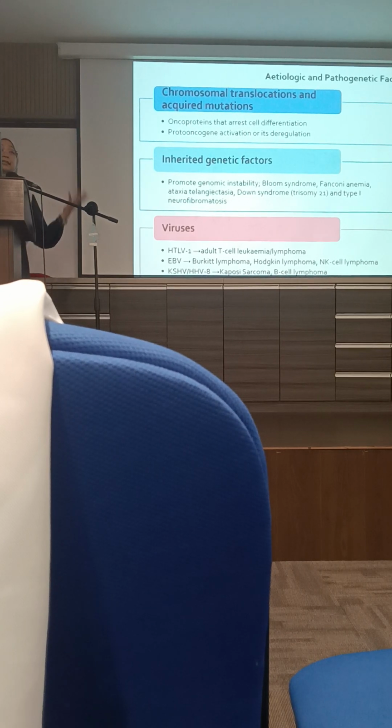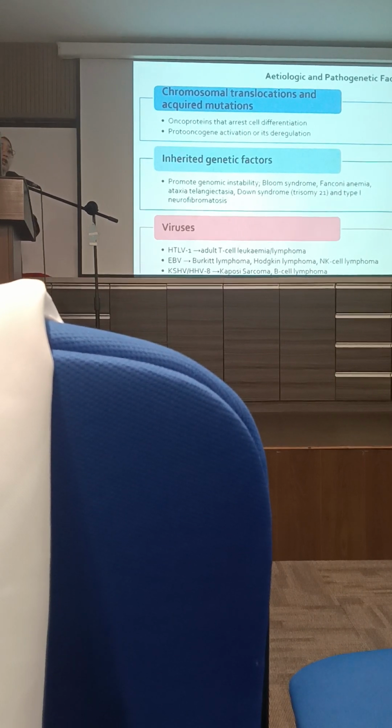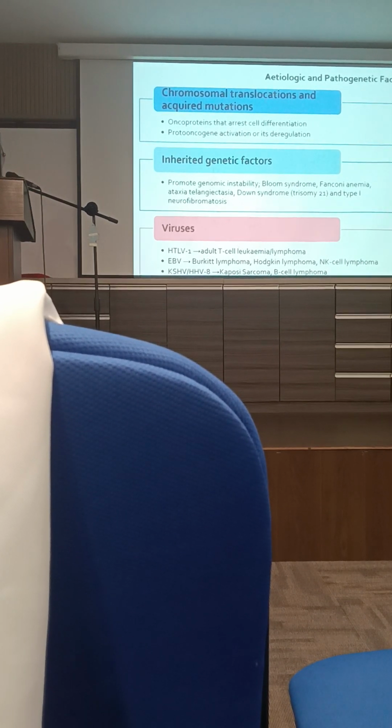So viruses, how do they keep alive? Coronavirus, how did it keep alive? Viruses in general, they have to have a host. They have to infect the host and use whatever the host has.